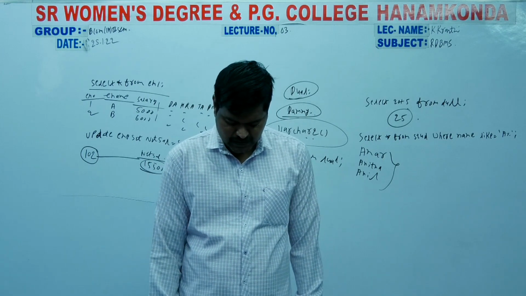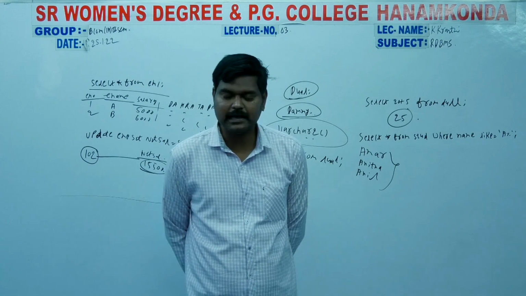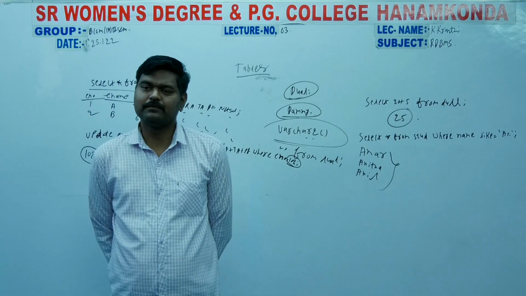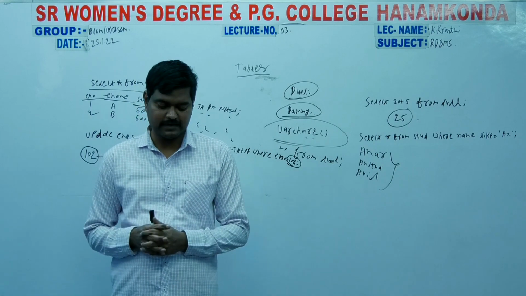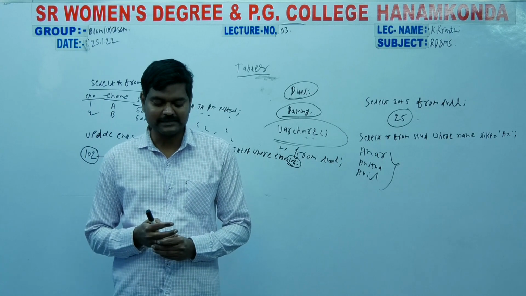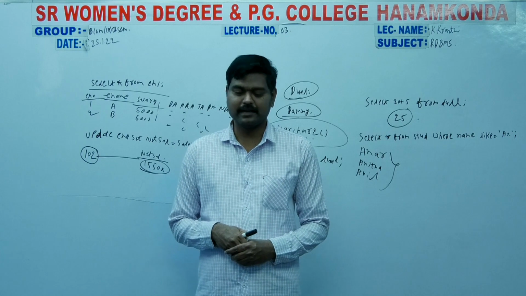Next one is ORDER BY. ORDER BY is a clause which displays data in sorting order. What is meant by sorting order? Sorting order means arranging the elements in ascending or descending order. So ORDER BY means ascending order.